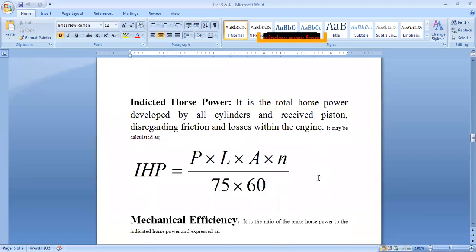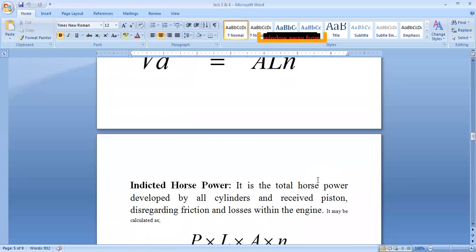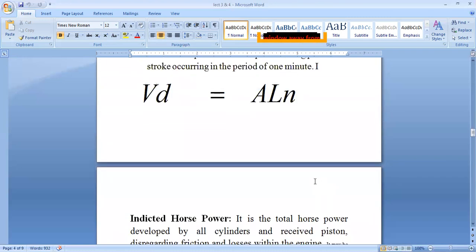Now a term comes, power. What is the power? Power means, you know, work is force into distance. Power is the rate of doing work. In the metric system, the unit of power is the horsepower.